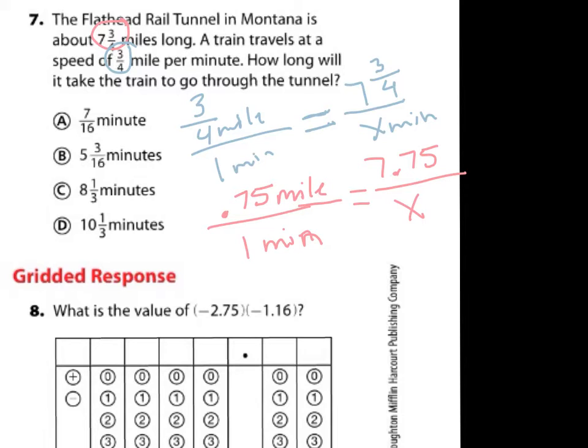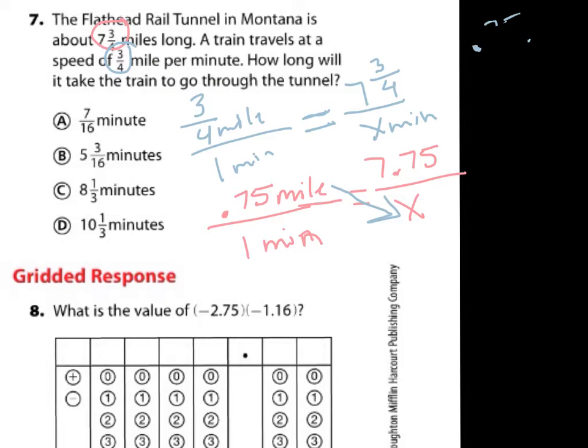We're going to do X. To solve a proportion, you cross multiply. It doesn't matter which way you start. 0.75 times X. Anything times X, you just put it together. So that's 0.75X equals, hang on, I'm going to erase that.